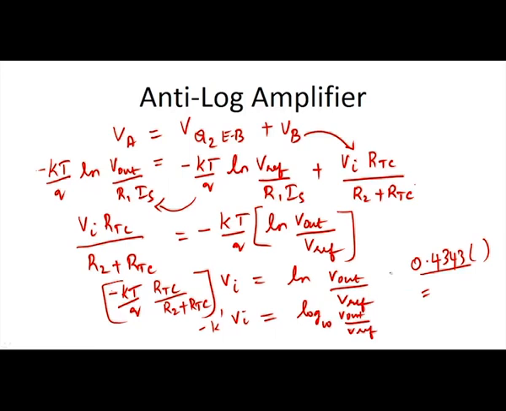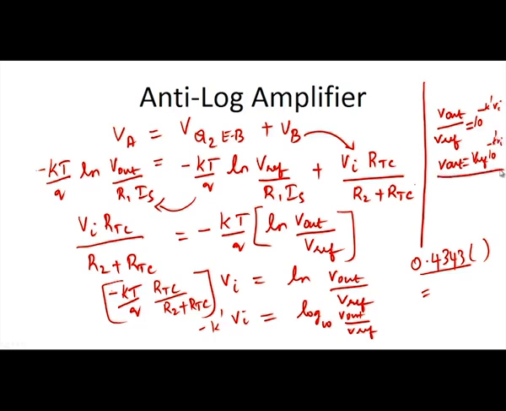If you simplify this, V out by V reference is equal to 10 power minus k dash VI, and V out is equal to V reference times 10 power minus k dash VI.